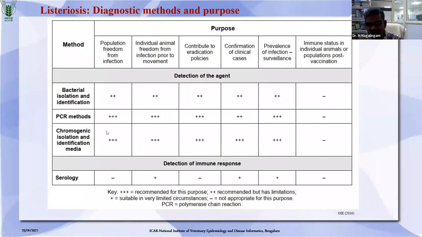So isolation as well as PCR are good techniques over the various purposes, whether to declare freedom from infection, or individual animal freedom from disease prior to movement, or confirmation of a clinical case, whatever it is, these two. And when we look at serology, it is almost not useful, or useful only to a limited extent.